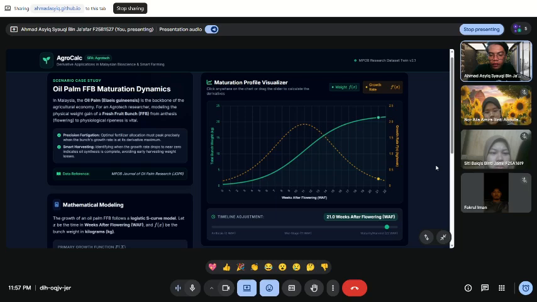Crucially, the derivative f prime x plummets close to zero, which is 0.07 kg per week. This tells us physical growth has stopped and the fruit is now purely synthesizing oil. The simulator displays harvest ready, signaling the harvester that the oil content is at peak premium quality.